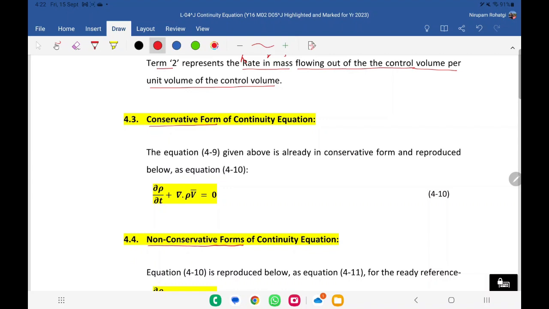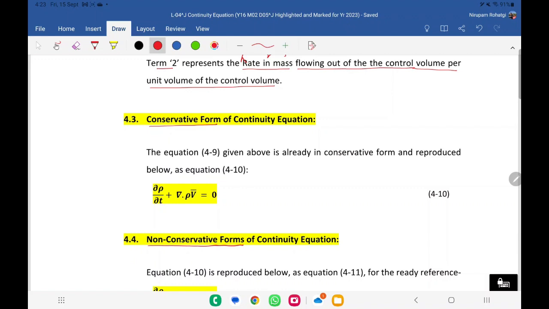Mathematically, there is no difference. Whether you take the conservative form or the non-conservative form, mathematically there is no difference. But when you discretize the equation, the two equations are different, and their results are different.